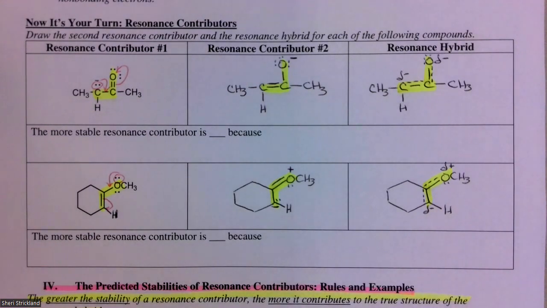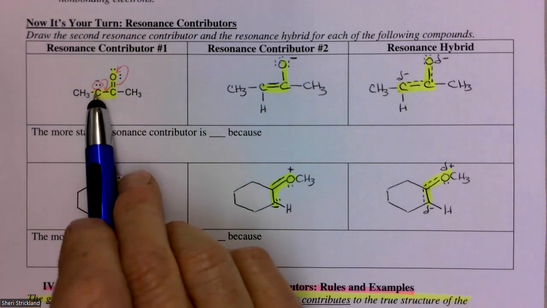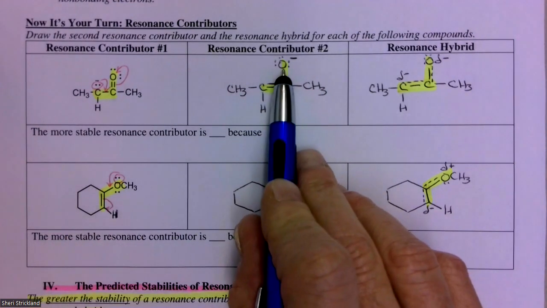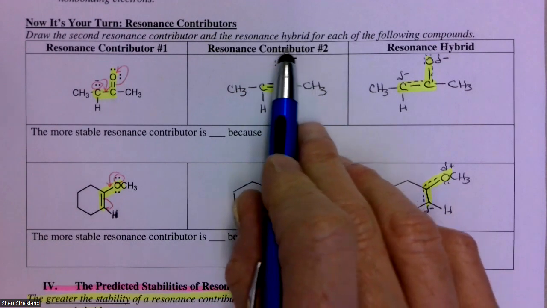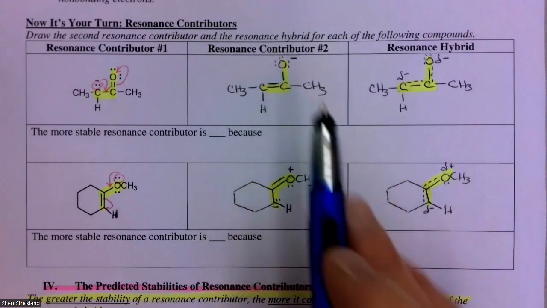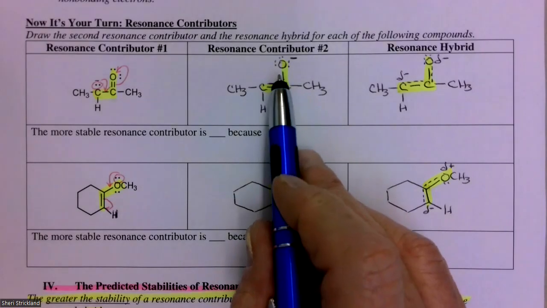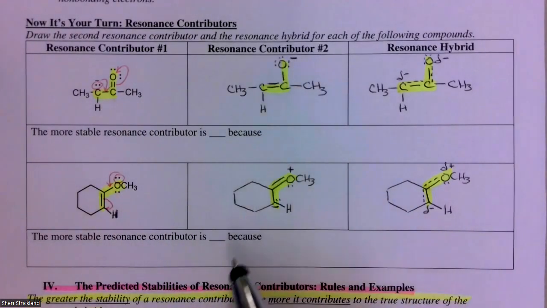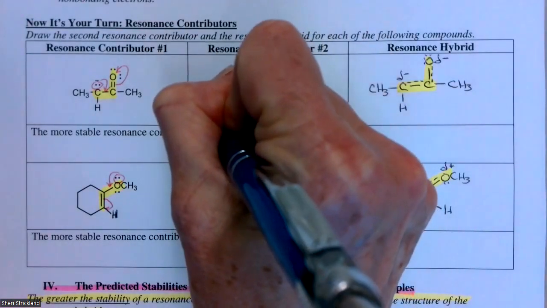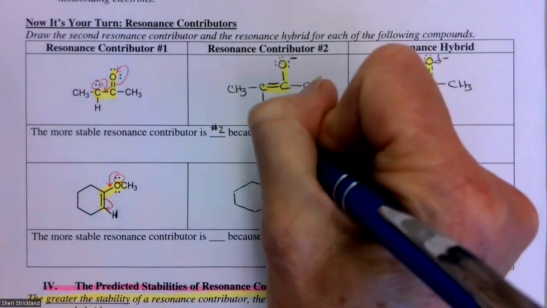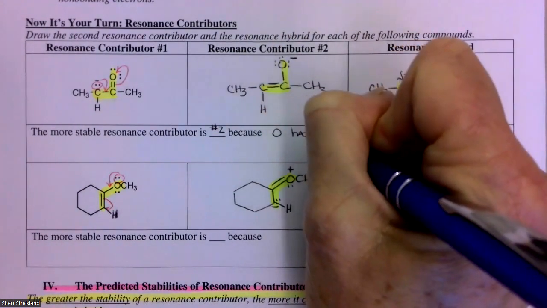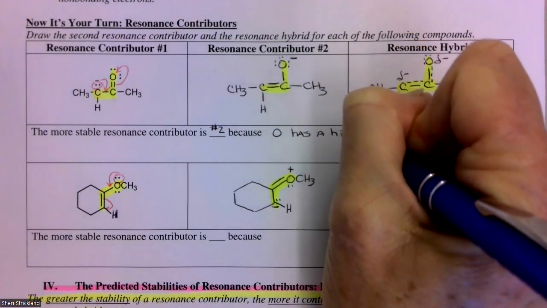All right, when there's a choice, a negative formal charge on the more electronegative atom. Okay, so negative charge on the carbon in this one and on the oxygen in this one. So since oxygen is the more electronegative of these 2 atoms, this is the more stable resonance contributor, because oxygen, I'm going to say, has a higher electronegativity.